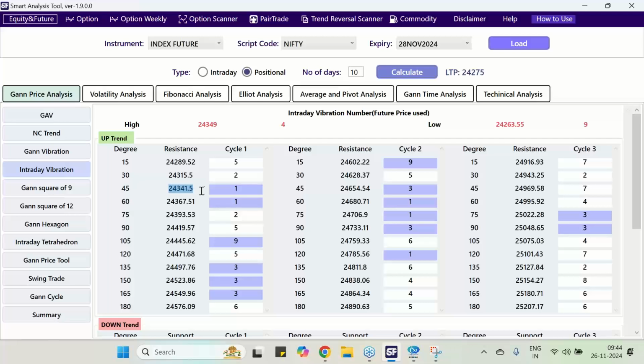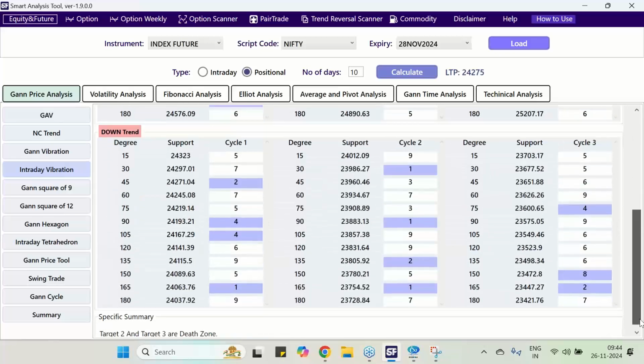Now 24,341.5 and 24,367.5 will act as a great resistance. If that is penetrated, 445 is a call you can take. However, downside nothing changed because the high is maintained the same.